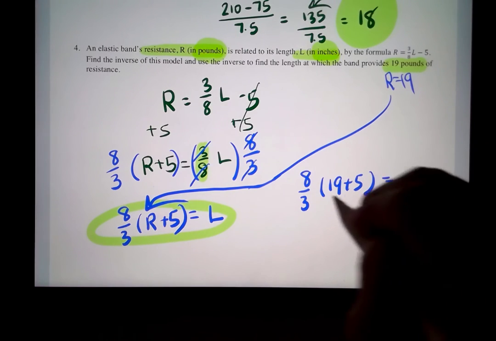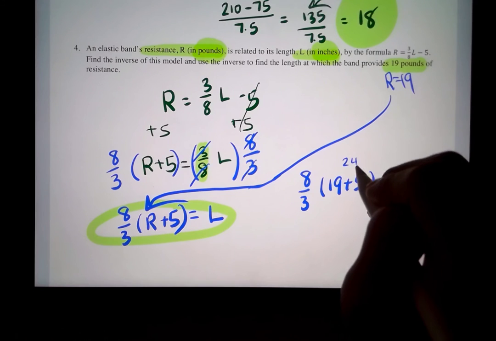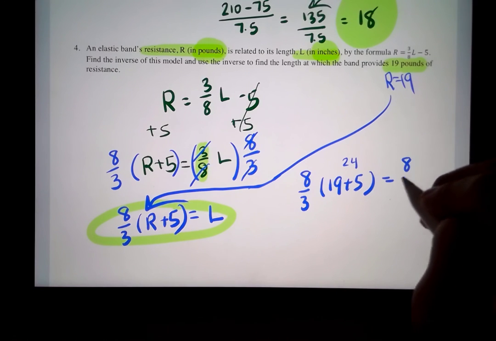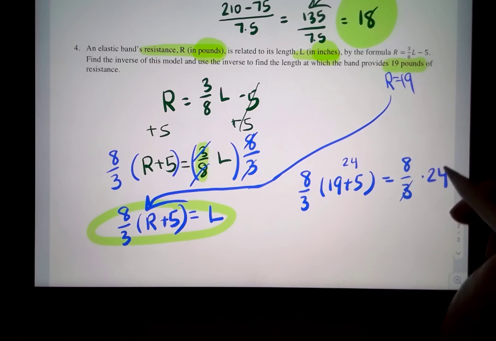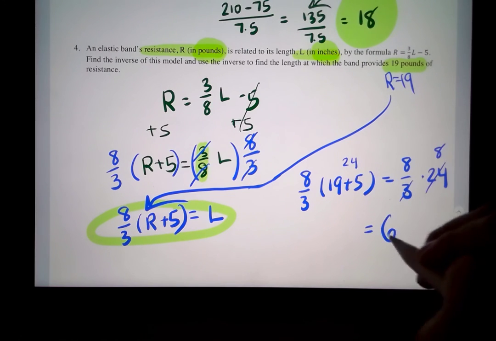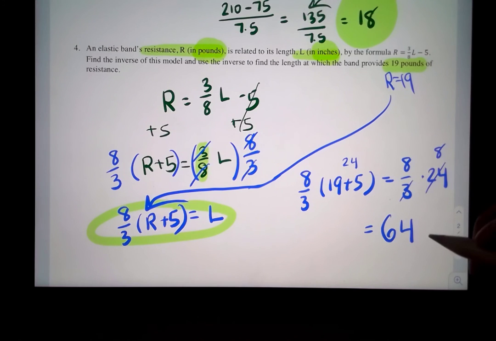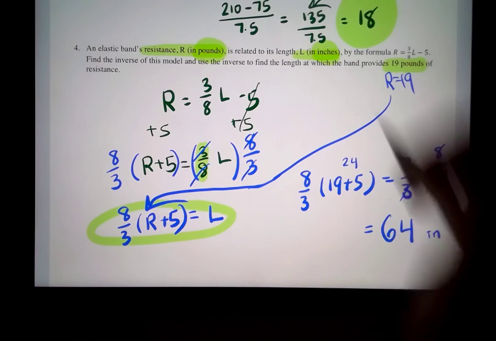Then 19 plus 5 is 24. So 8 over 3 times 24. Cancel, that's 8 times 8, so it will be 64 inches. Okay.